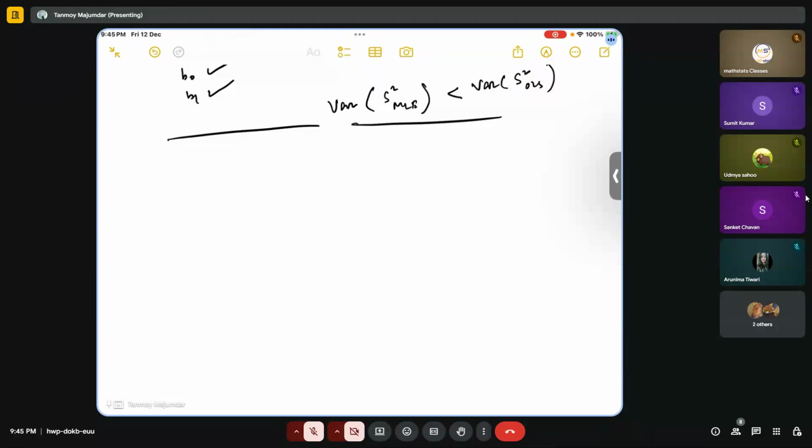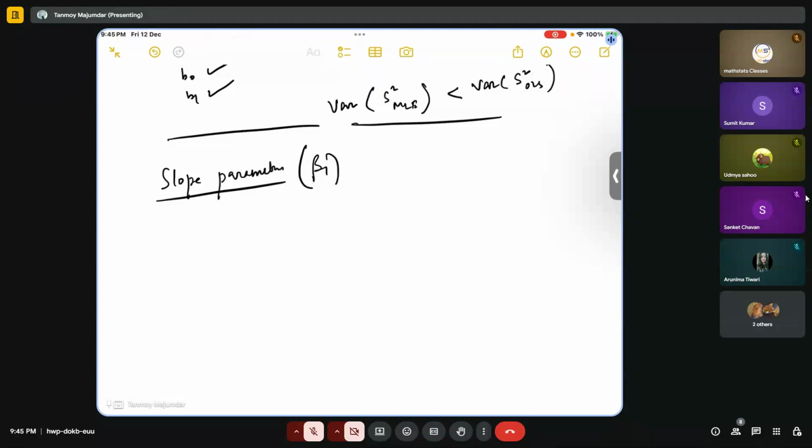First, we consider the slope parameter. Our first topic is to test beta 1, or how we can test the slope parameter.